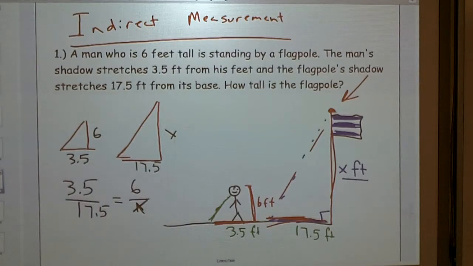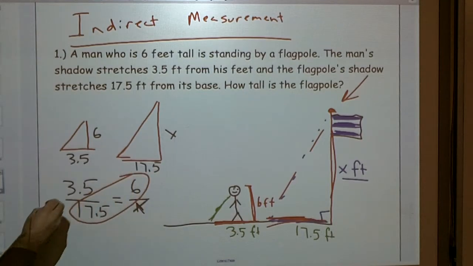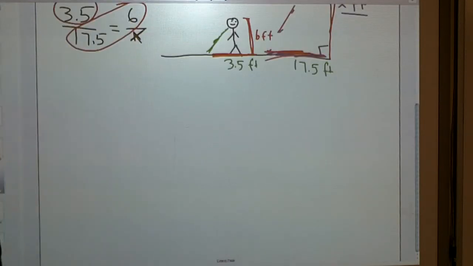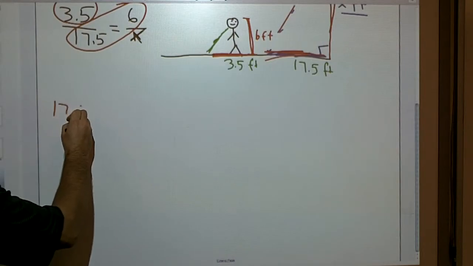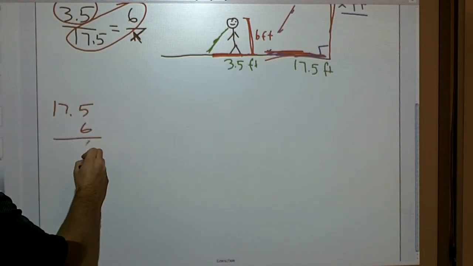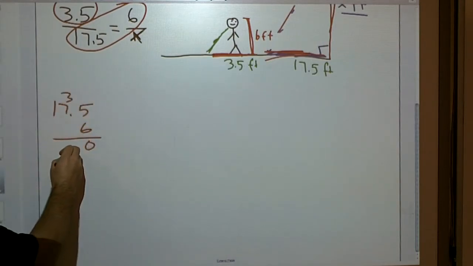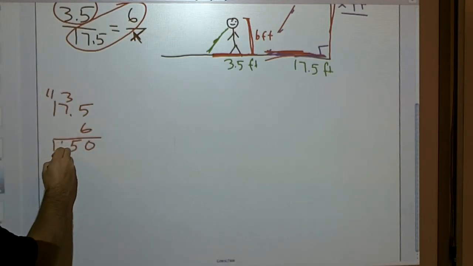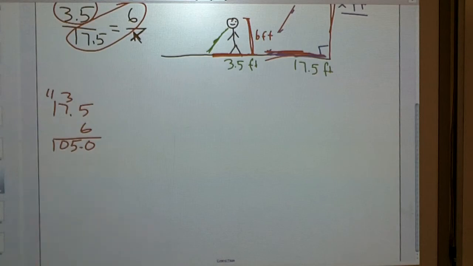We're going to multiply 17.5 by 6, or play baseball, solving proportions: 17.5 times 6, and divide by our ball of 3.5. 17.5 times 6 gets us to about 105.